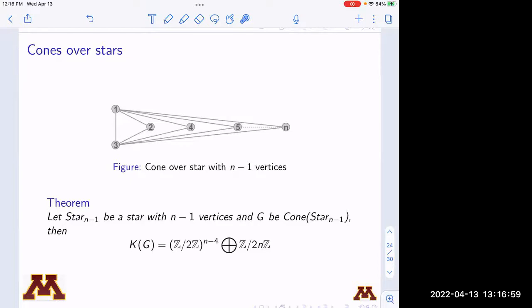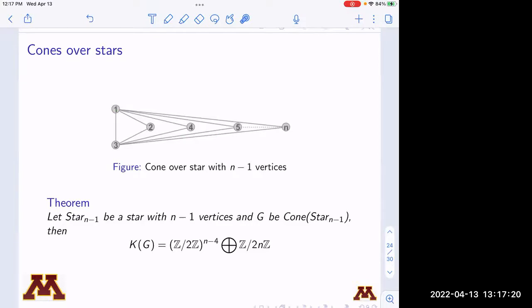So here, the configuration is slightly different than you might expect, but if we ignore our cone vertex, you see that we have a star here, we have a center vertex, and all of our other vertices and edges as we would expect.